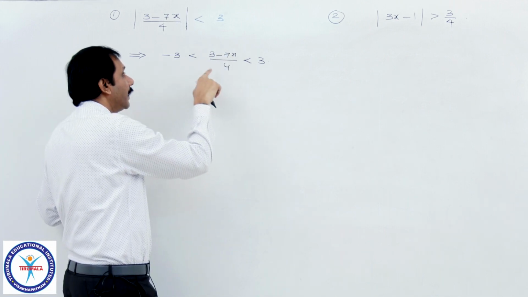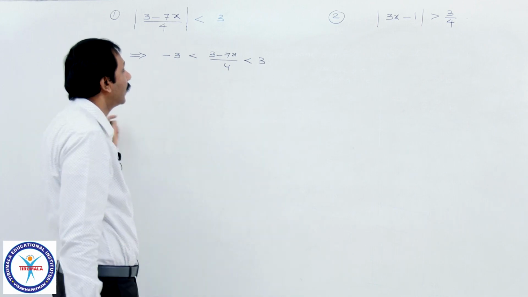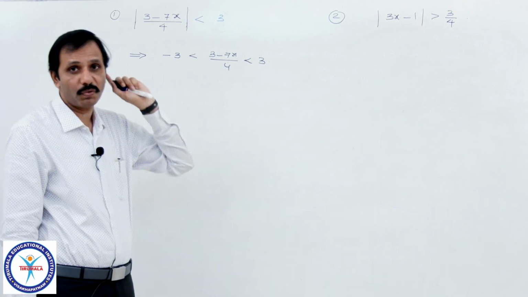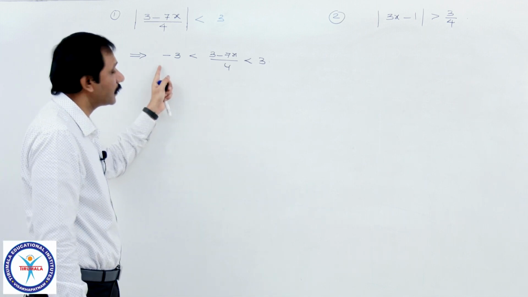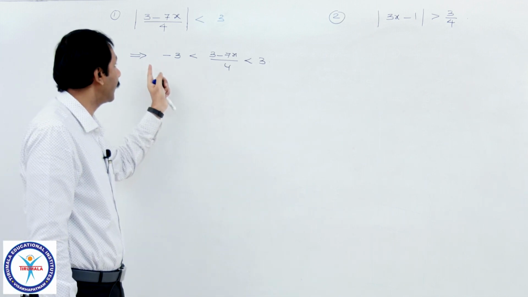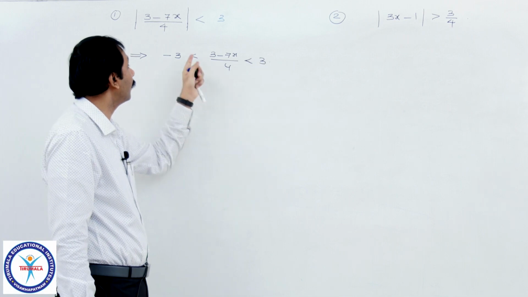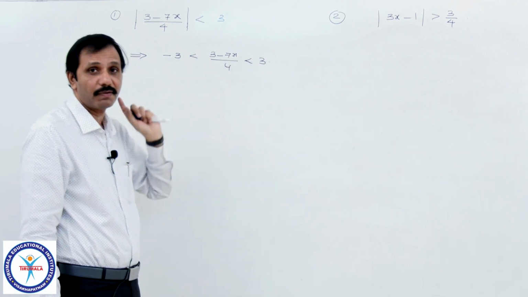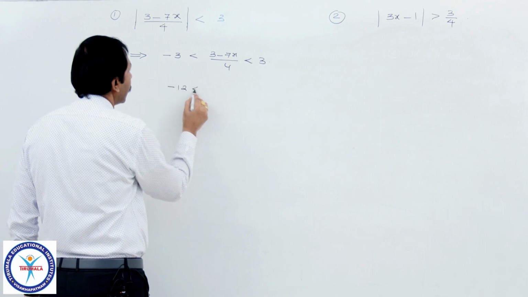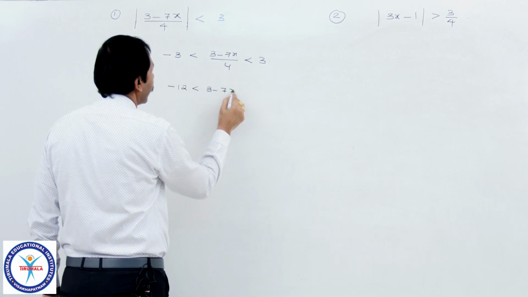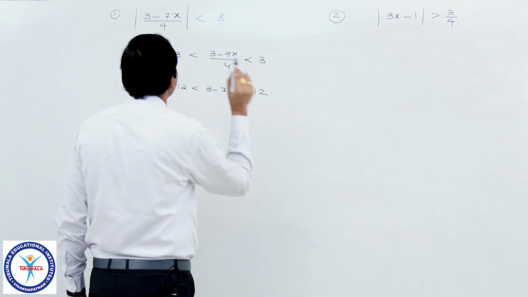I want x, so now the denominator 4 is there, what will I do? I will multiply with 4. Because that 4 is a positive real number, I can multiply this inequality with 4 without changing the inequality. Therefore, it is −12 < 3 − 7x < 12.